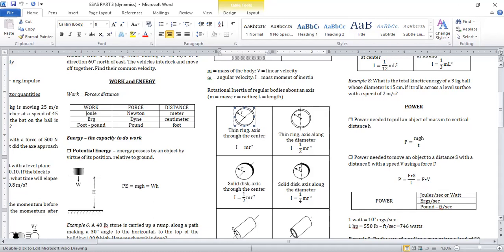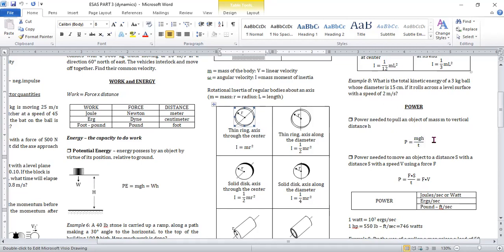So the power needed to pull, no? So an object of a mass. Okay, so let's say the mass is m, and then the height is denoted by h. So the power to pull an object, no? So with a given mass to a vertical distance h, so that's given by mgh, mass, multiplied by gravity, multiplied by height, divided by the time.